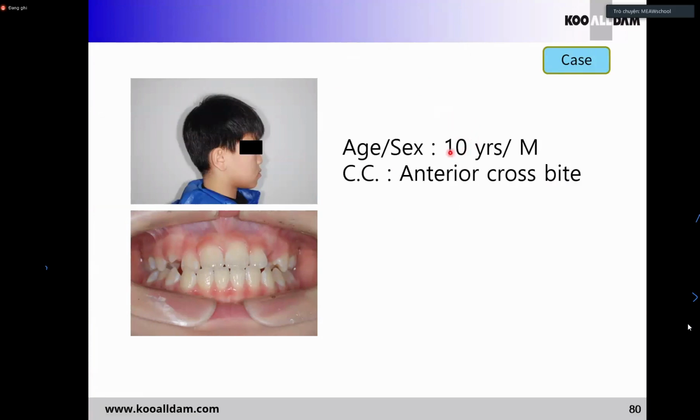This boy is 10 years old. He came to my office with anterior crossbite. How about his profile? We can see the protrusive lip, and also we can see the edge-to-edge bite.